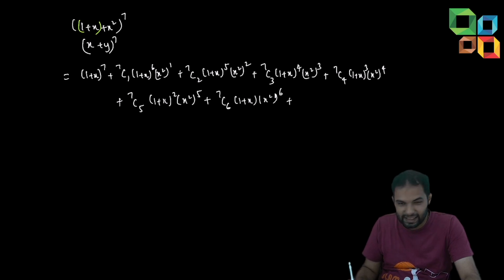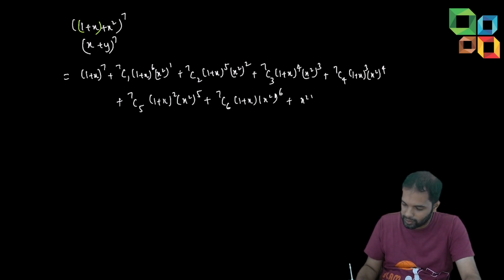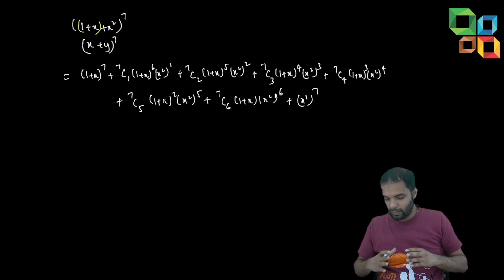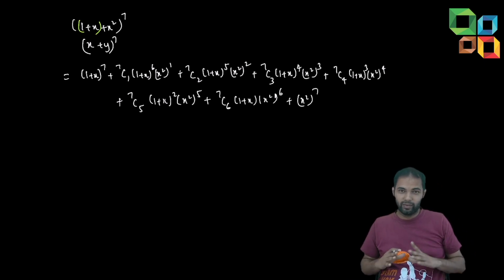Last term would be 7c7, which is 1, (x square) whole power 5. So if you're really interested, you can expand, but we can stop here.